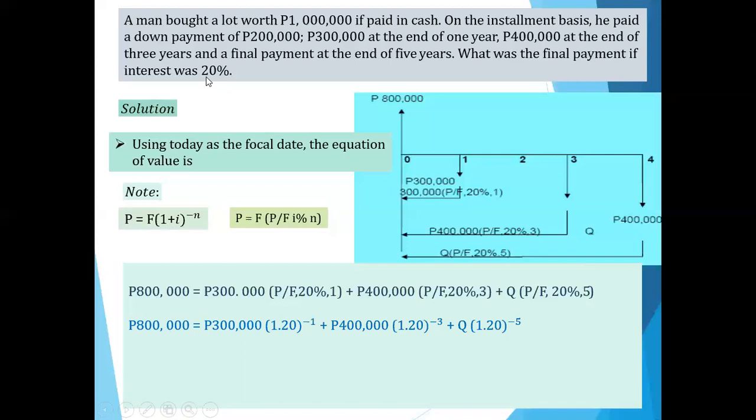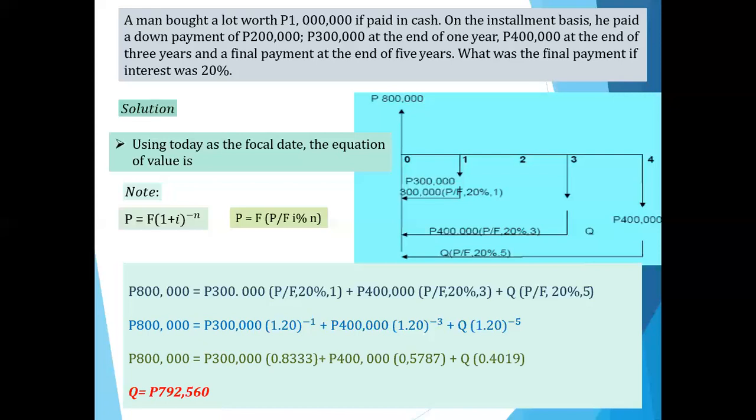Simplifying, we have 800,000 equals 300,000 times 0.8333 plus 400,000 times 0.5787 plus our final payment times 0.4019. Then solving for Q, we have Q equal to 792,560.